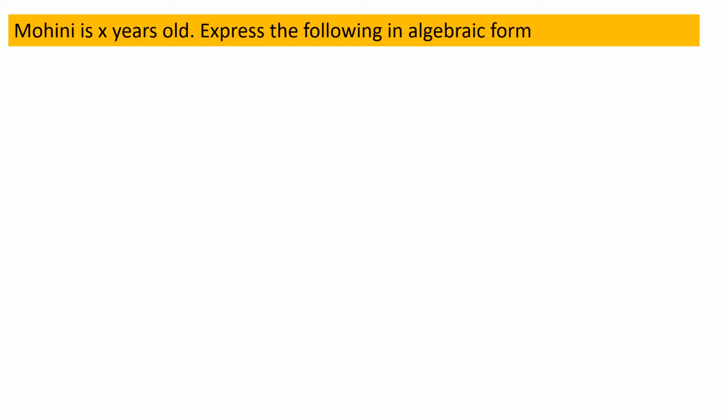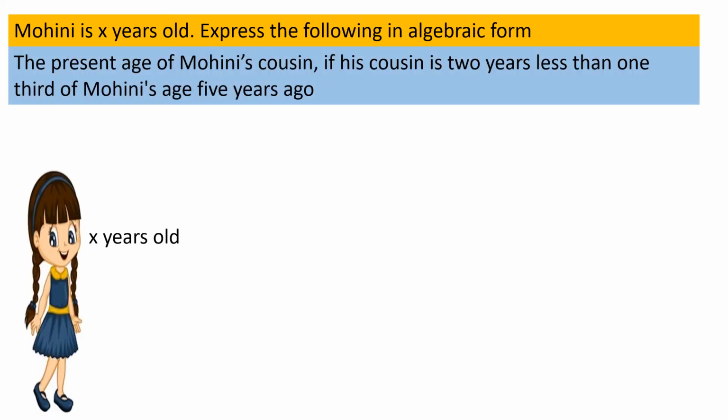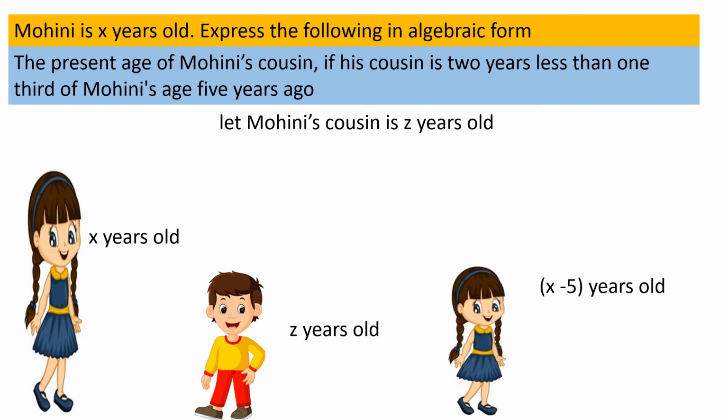Mohini is x years old and the present age of Mohini's cousin, if his cousin is 2 years less than 1/3 of Mohini's age 5 years ago. Seems complicated? No, it is very easy. At first find out what is the age of Mohini before 5 years. So before 5 years, Mohini's age is x minus 5 years, and let Mohini's cousin be z years old.